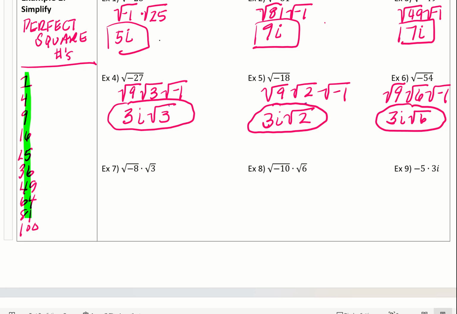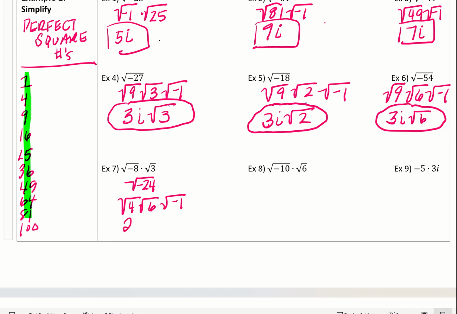All right, on 7 and 8, we are going to go ahead and multiply these together first and make this root negative 24, and then see what we can break this down into. I know 4 divides into that, and I think that is all, because 4 is a perfect square. So I'm going to break this down to root 4, root 6, root negative 1.